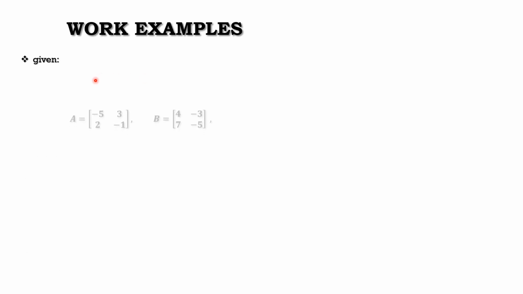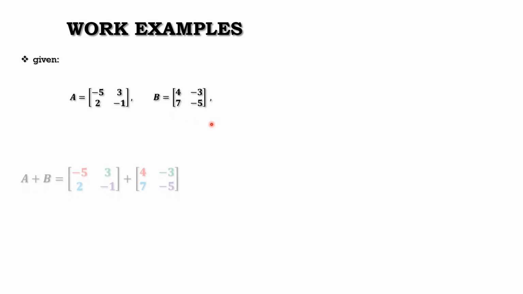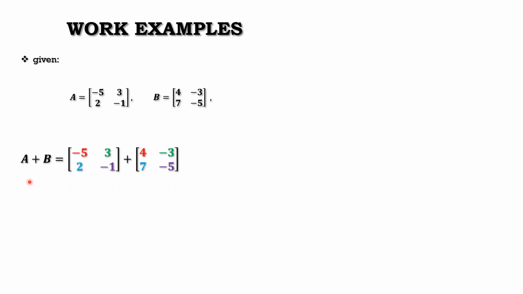We are given matrix A and matrix B. Matrix A has the elements -5, 3, 2, -1, and matrix B has the elements 4, -3, 7, -5. So we want to find A plus B. We are going to identify the elements of the matrices with their unique colors.